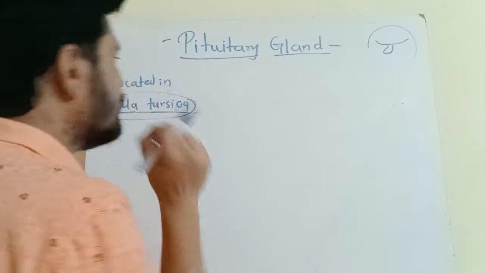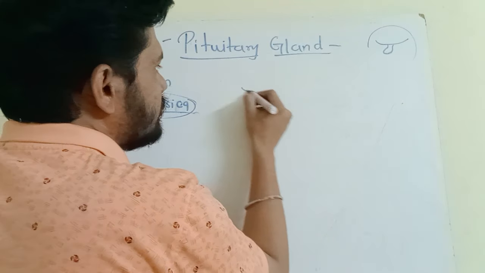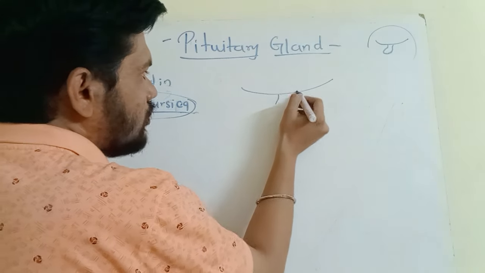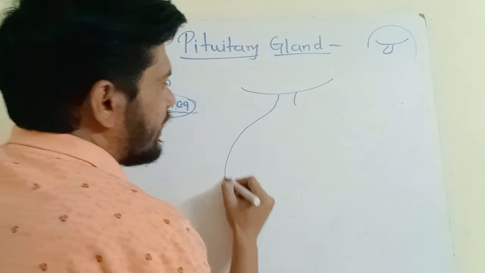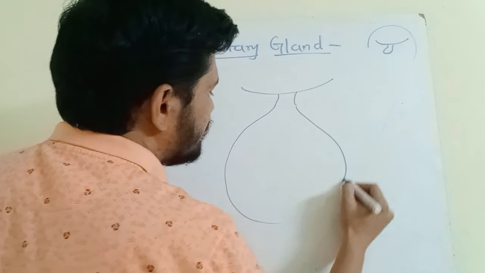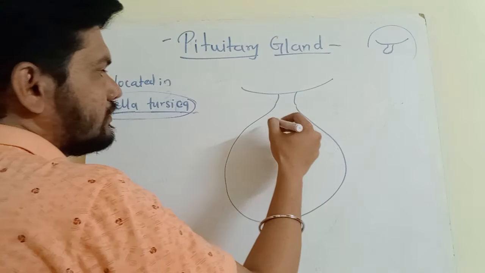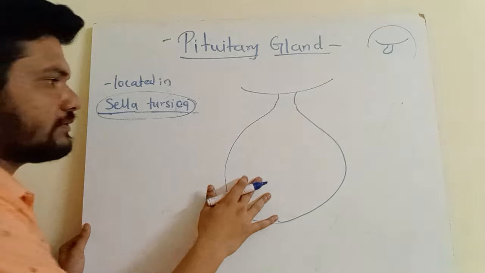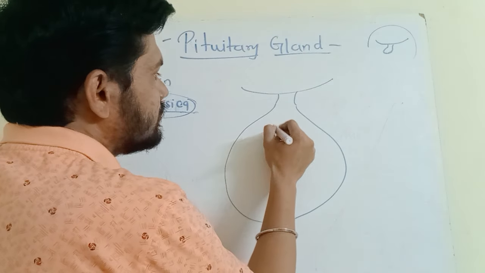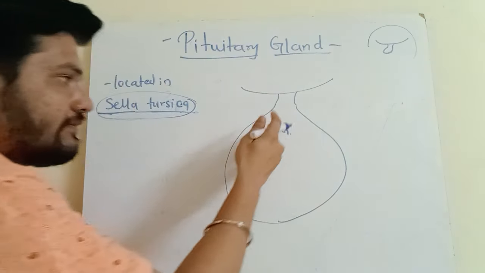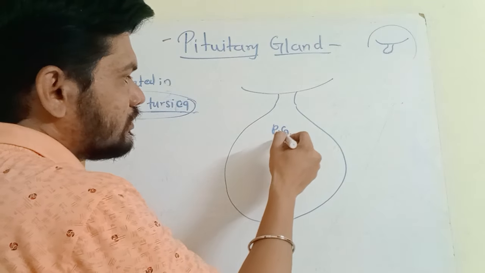Suppose this is your hypothalamus. This is the stalk on which the pituitary gland is located. So here is your pituitary gland, and it is divided into two regions.